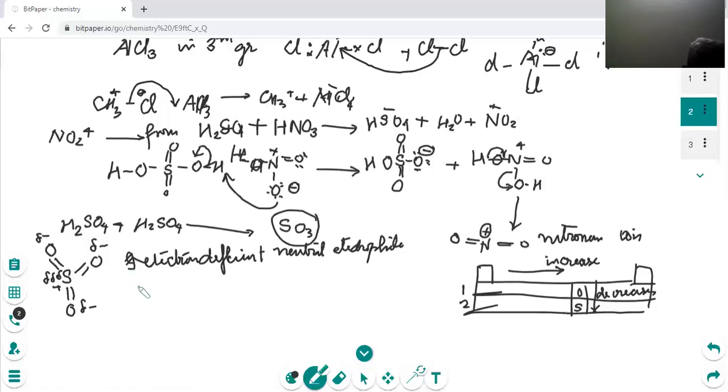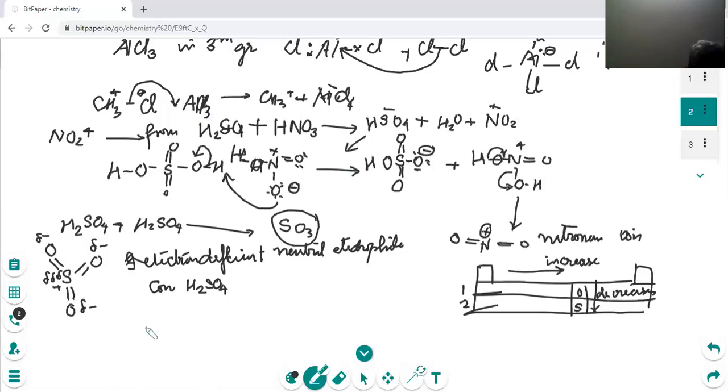For a sulfonation reaction, say we want to do a sulfonation, what we do is take the aromatic compound and react it with concentrated sulfuric acid. Earlier we have seen how nitronium ion is formed, by the reaction between one sulfuric acid and one nitric acid molecule.